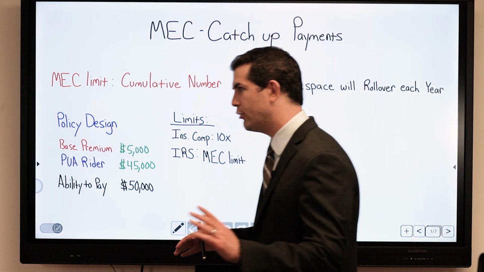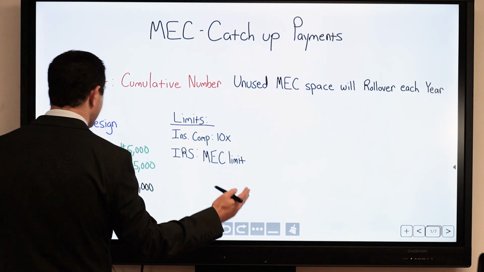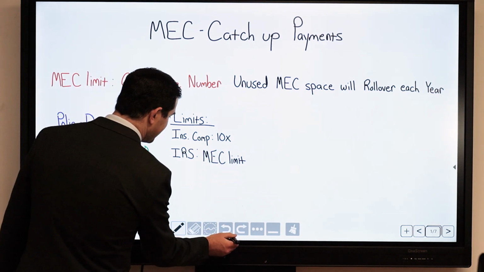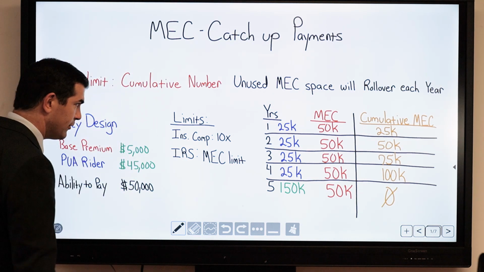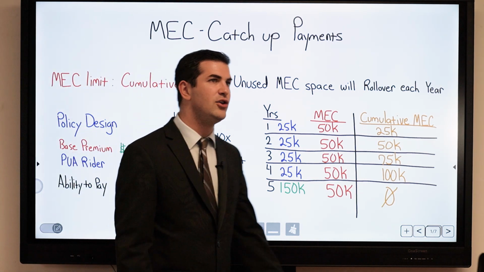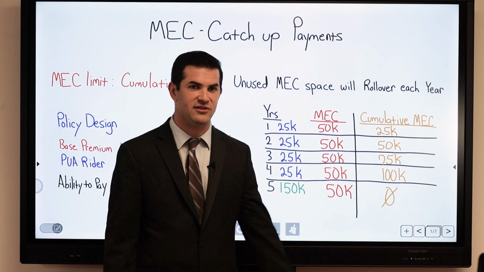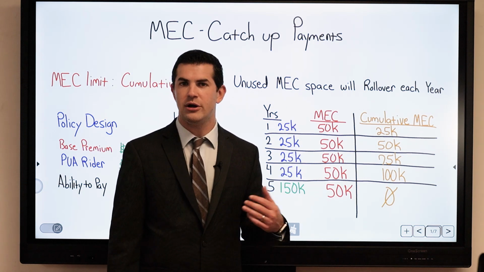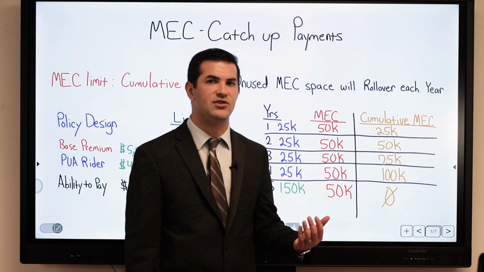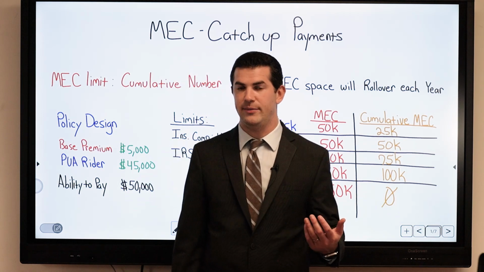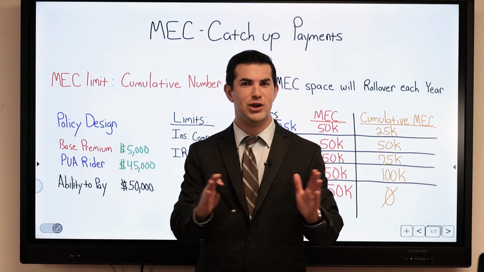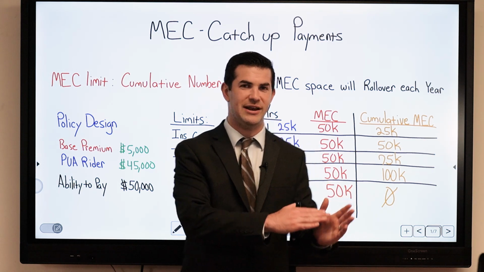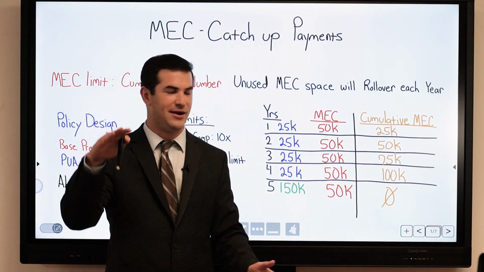That's important here. We want to make sure that our life insurance policy does not become classified as a MEC. Now, because it is a cumulative number, I can bank unused MEC space as time passes, as we mentioned earlier. To demonstrate, if I have a policy with a $50,000 MEC limit and a $5,000 base premium, I can commit to a low number, the base, and have the ability to go up to $50,000.